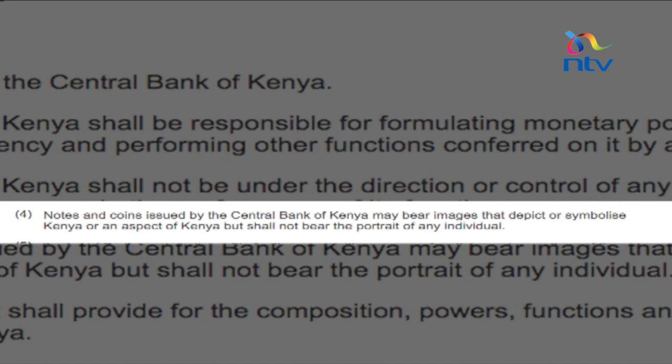It is that aspect of the Constitution that the drafters say was consistent in all the drafts that led to the 2010 Constitution. That provision was in the different drafts that came up to the COE. The only difference is that when you look at Bomas and the proposed Constitution of Kenya, you find that there was a tolerance to the image of the first president.